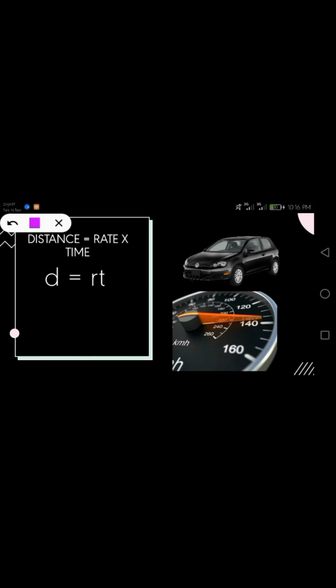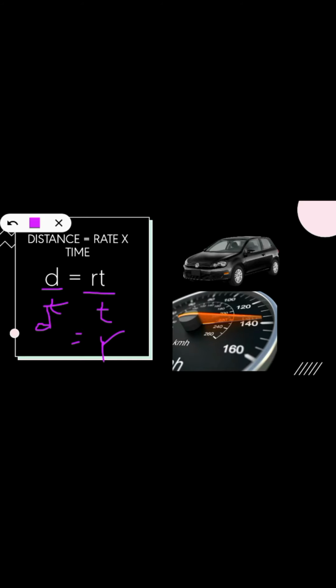From this formula, we can get several formulas. For example, if we are looking for the rate, given the distance and the time, we will just divide by the time. So we will have here the rate, and on the left is distance over the time.